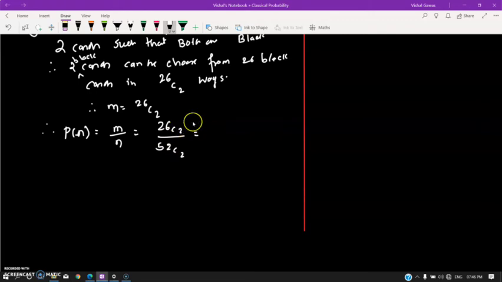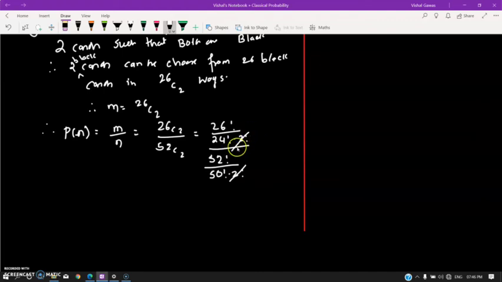Now this would be 26 factorial upon 24 factorial into 2 factorial, over 52 factorial upon 50 factorial into 2 factorial.